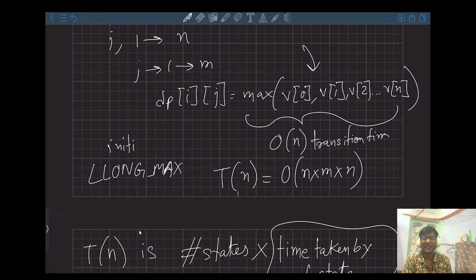And in that case, you can consider the average time, like maybe 0 to n by 2, if it is I case, otherwise 0 to m by 2. So m by 2 time it takes. Maybe you can consider the average.